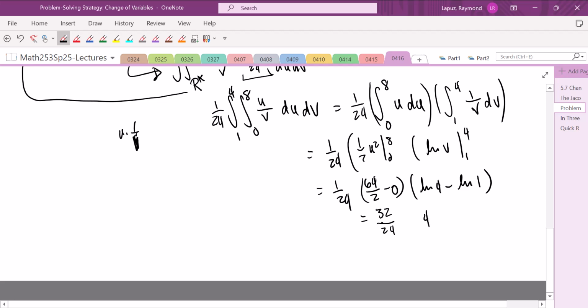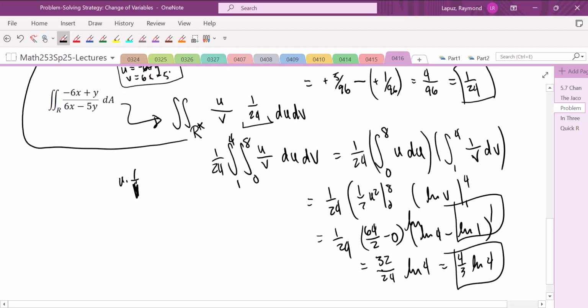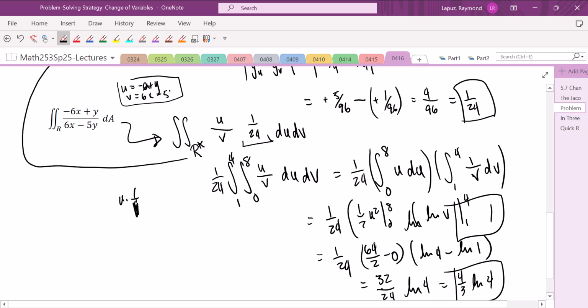I suppose you can, what is this? Divided by 4, 8. 4 over 3, 4/3 ln 4. Okay. That's how we do transformation.